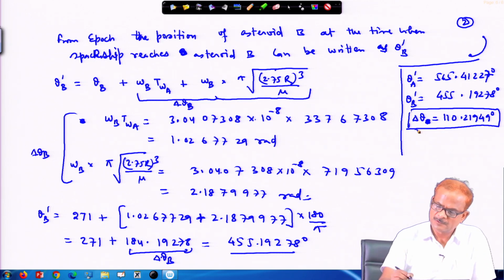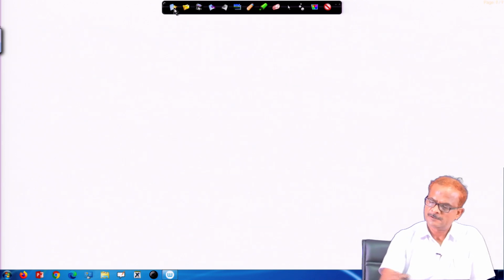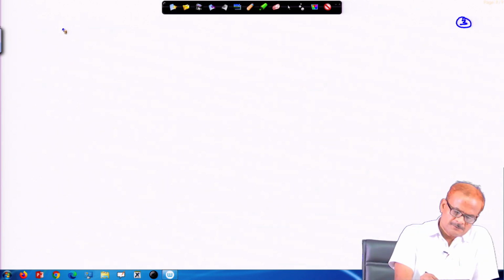Now, we can solve the part B. This is important for solving part B. So, return journey.